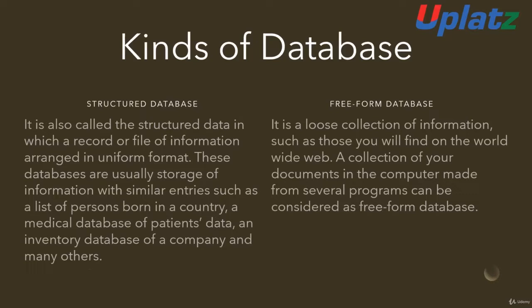Moving to next, there are two different kinds of database that we have. One is the structured database, the other is the free form database. Now, what exactly is a structured database? It is called structured data when a record or a file of information is arranged in a uniform format. Let's say, we are not talking about database or file structure, just about how structured your data is when stored.